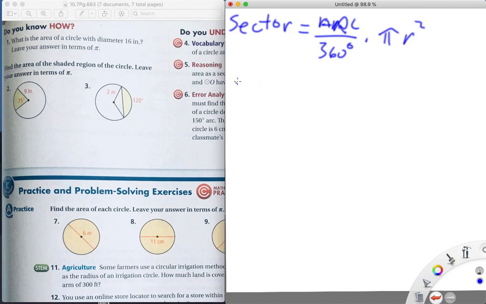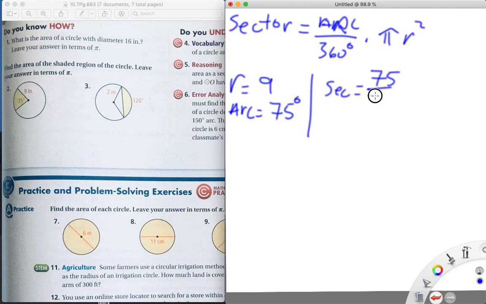In this case, the radius is 9 and the arc is 75 degrees. So it's going to be 75 over 360 times pi 9 squared.